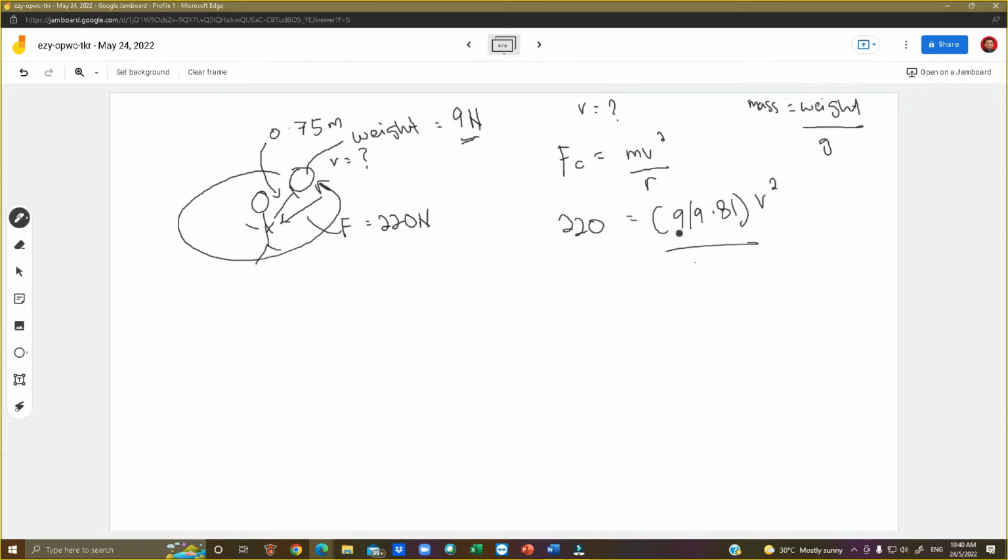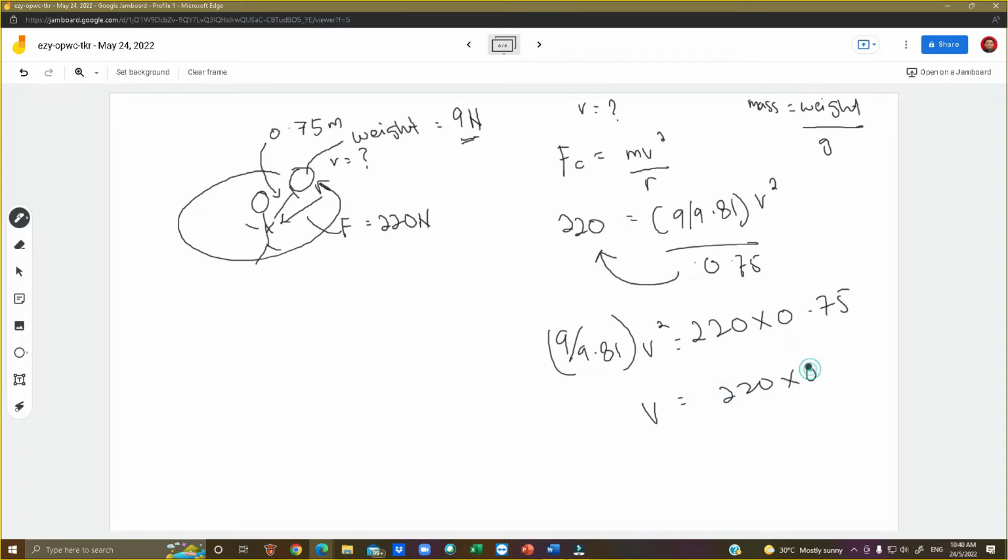So weight is 9 Newton, the gravity is 9.81, and the R is 0.75. So we switch sides. We have 9 over 9.81 V square equals 220 times 0.75. So V is the square root of 220 times 0.75 divided by 9 over 9.81.